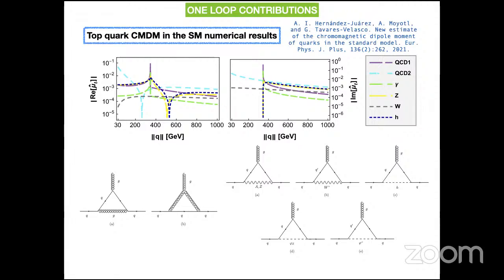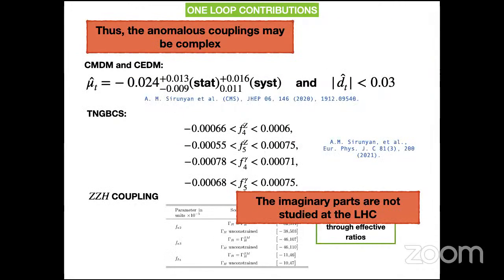As the optical theorem says, the imaginary contributions are different from zero for energies where the fermions connected to the gluon can be on shell. So this is the optical theorem, as I say. And again, this kind of anomalous couplings are in general complex, and at the LHC they are treated only as real. So where are the imaginary parts?